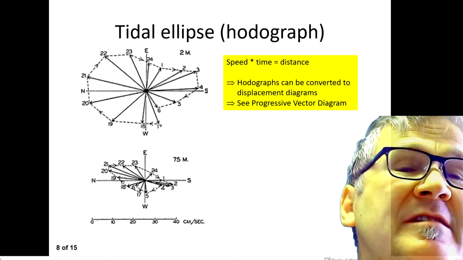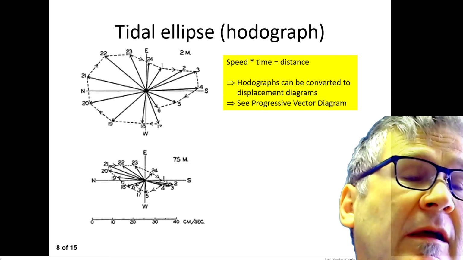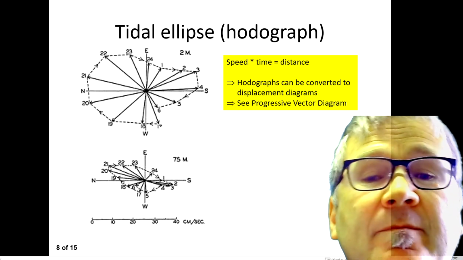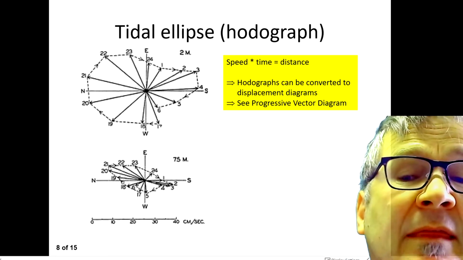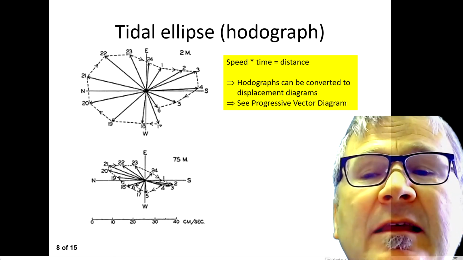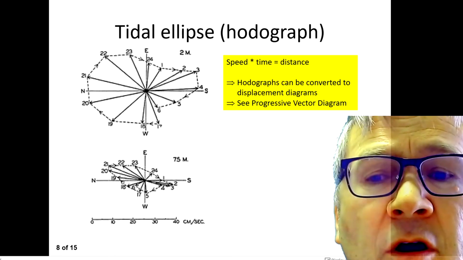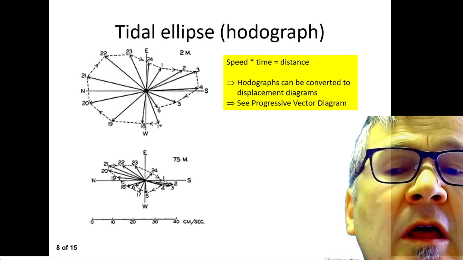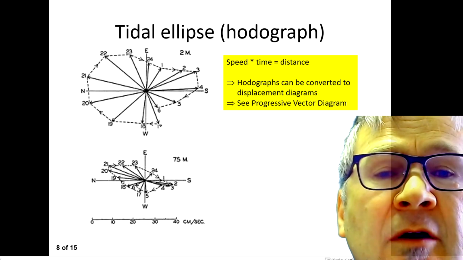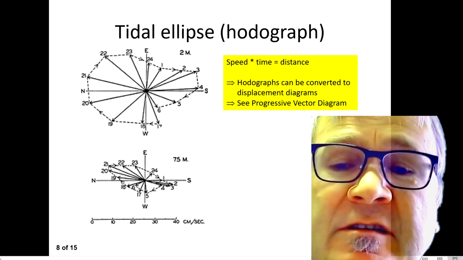But you get a representation of the flows over a cycle that repeats and repeats and repeats. Okay? And the hodograph itself, or the tidal ellipse itself, is often even shown without the arrows. So you only see the dots around the endpoints of these arrows.